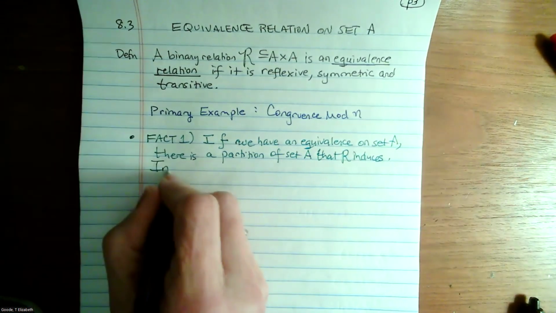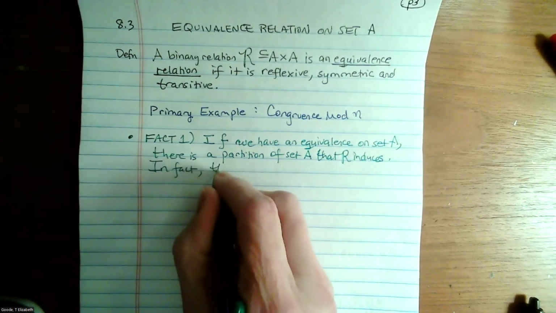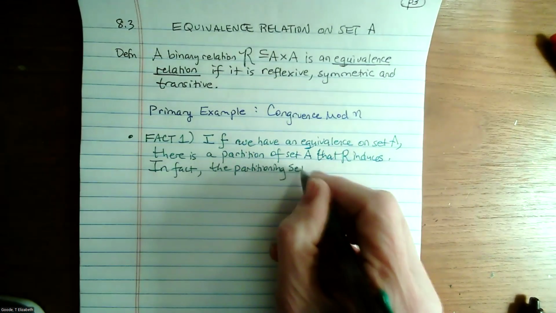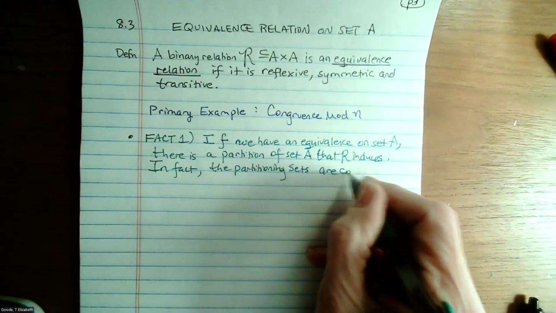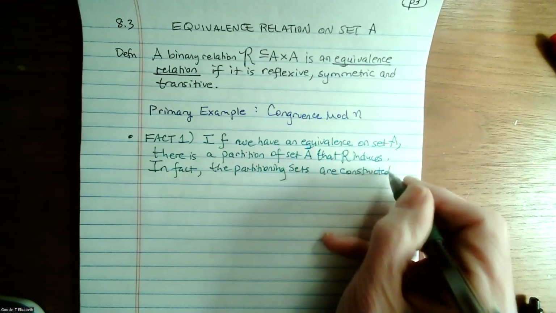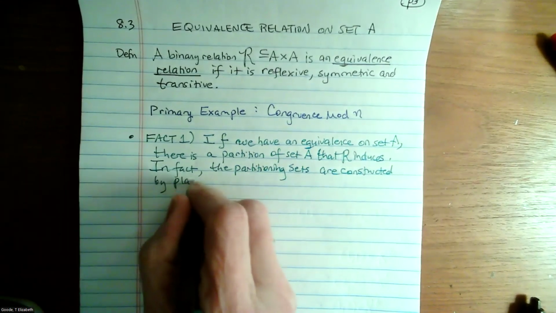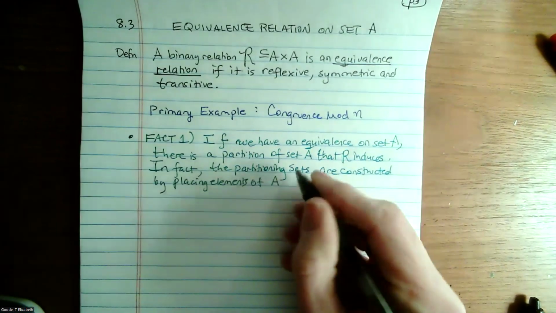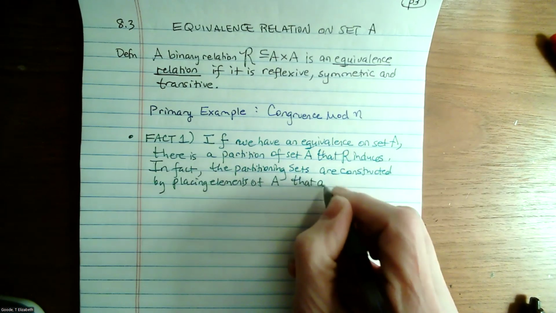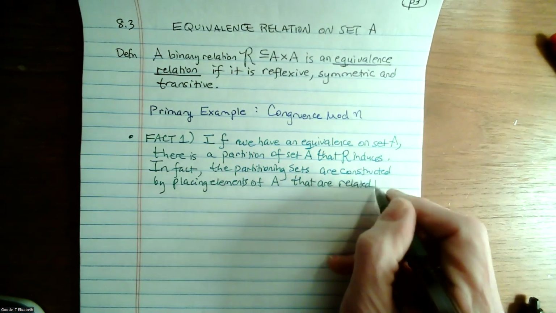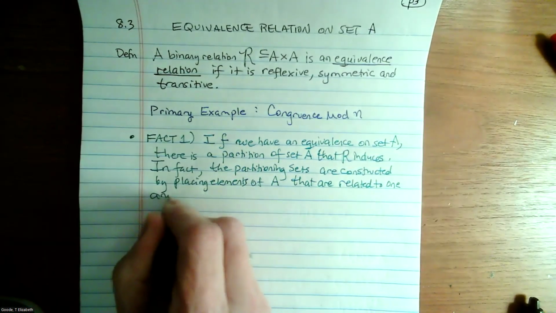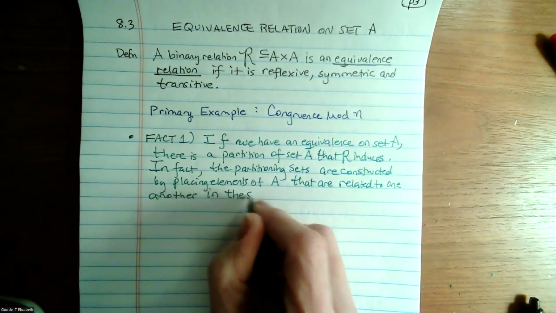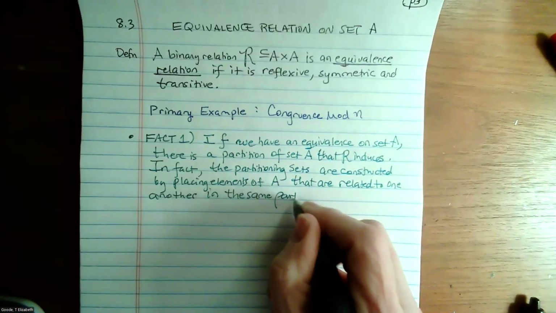In fact, the partitioning sets are constructed by placing elements of A that are related to one another in the same partitioning set, like the little a sub i's in the same partitioning set.